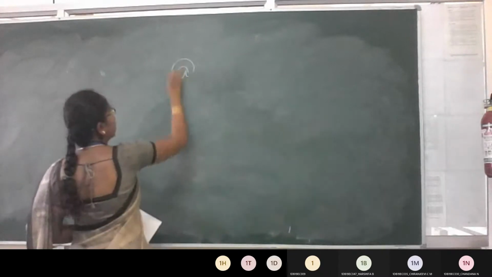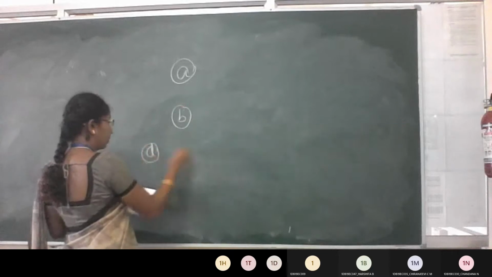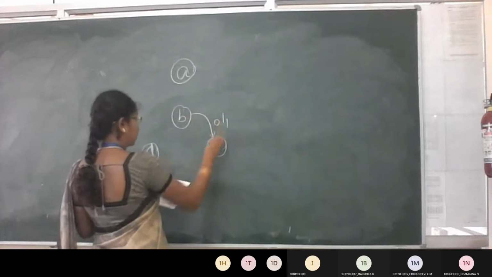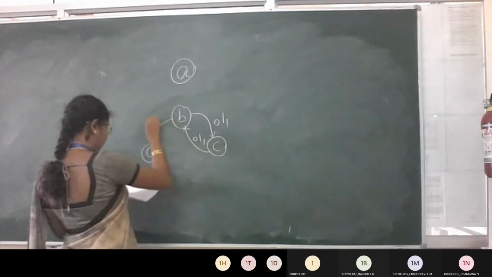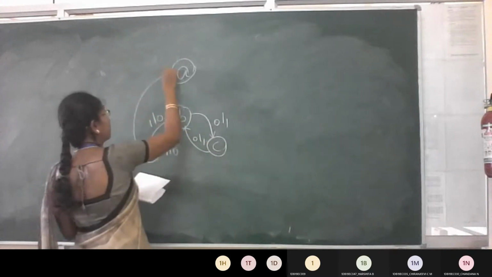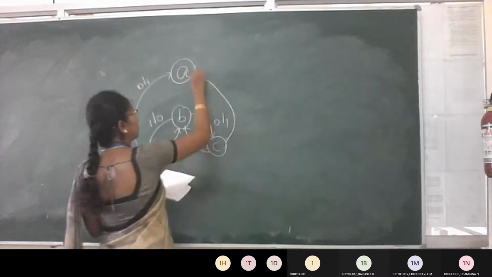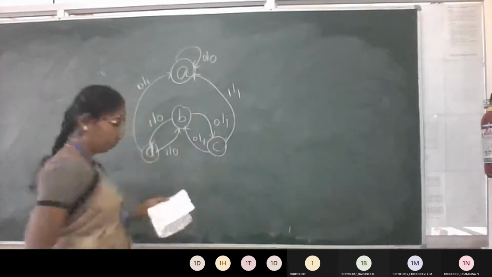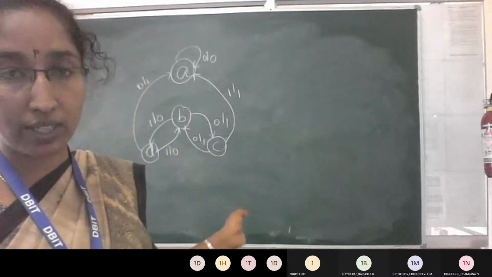So the state diagram is like this: A, B, D, C. Here they have given a state diagram, and you need to design a sequential circuit.